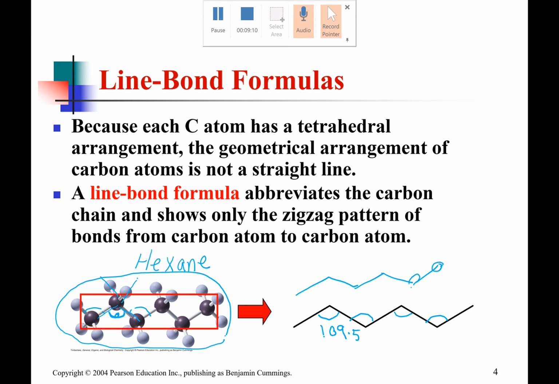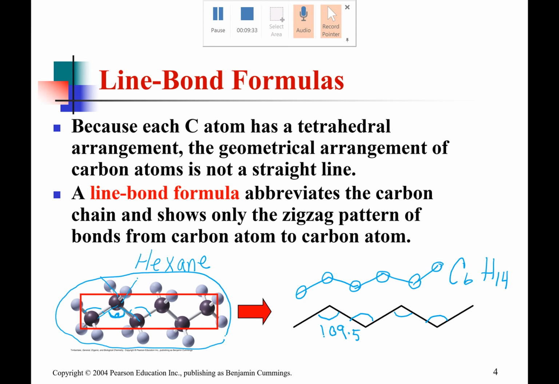So 1 carbon here, another carbon, 2, 3 carbons, 4, 5, 6 carbons is called hexane. So number of carbon is 6, number of hydrogen is double number of carbon, which is 6 times 2, and add 2 is going to be 14. That is the structure of hexane.